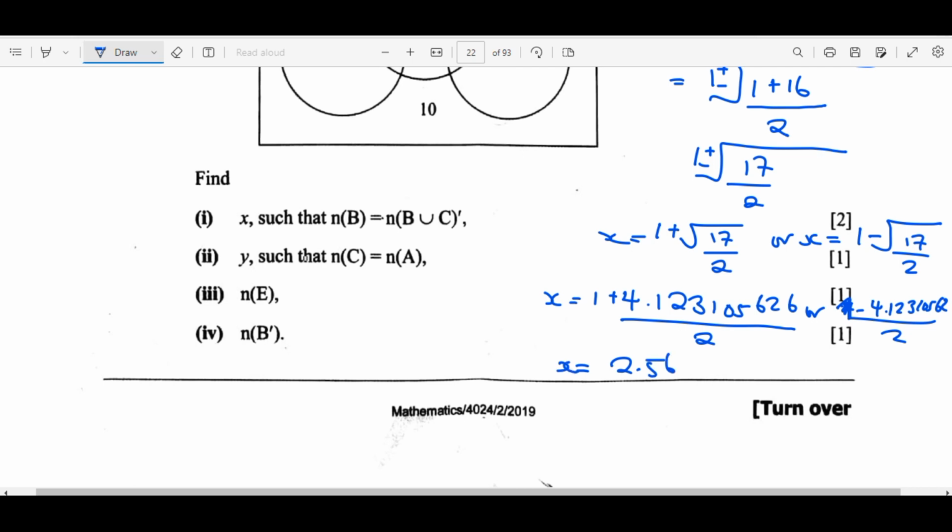So that is the answer. And then here the negative, obviously it will give us a negative answer. Once you work it out on the calculator, you'd find that x is equal to negative 1.56. So those are the answers that we needed there.